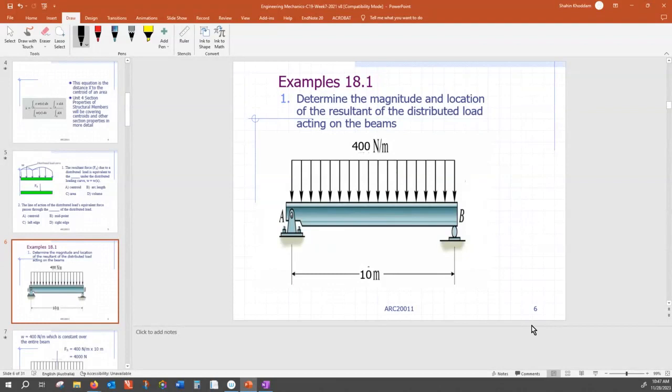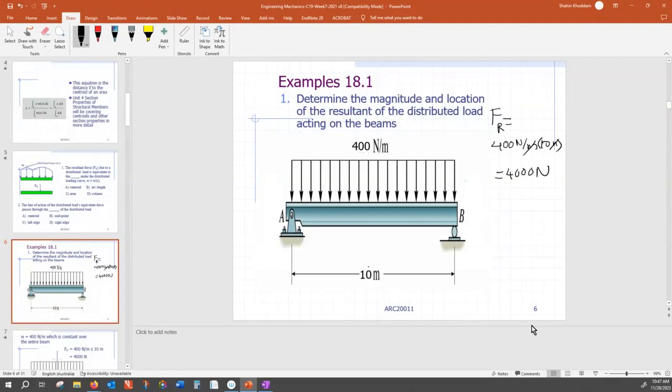The resultant force here is Fr, which is the area under this curve. So that is 400 Newton per meter multiplied by 10 meter. Look at this, meter and meter cancel, and the answer is 4,000 Newton.